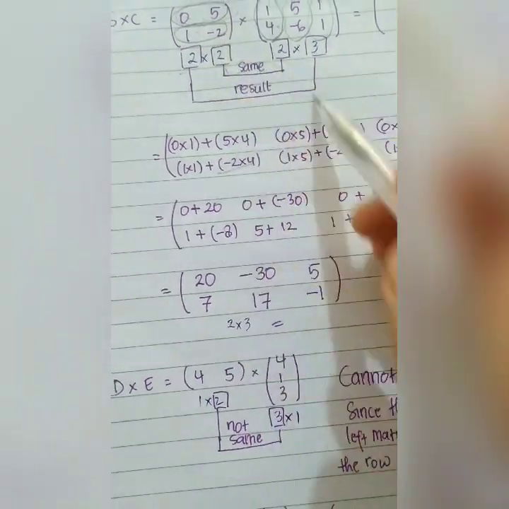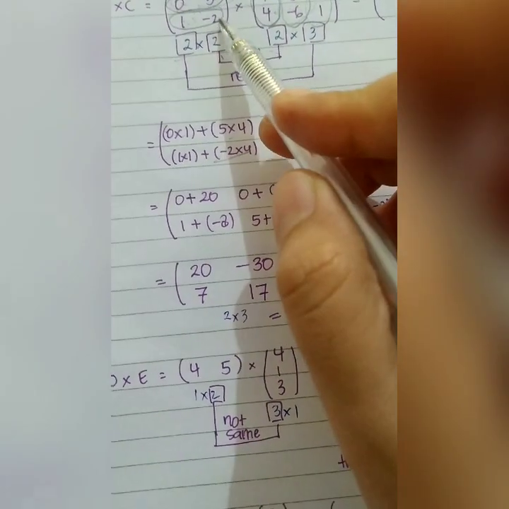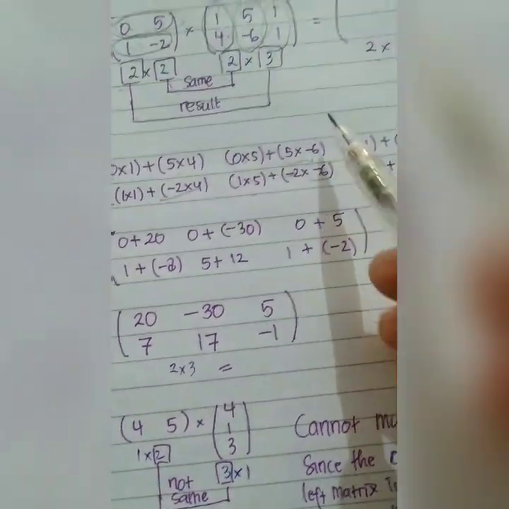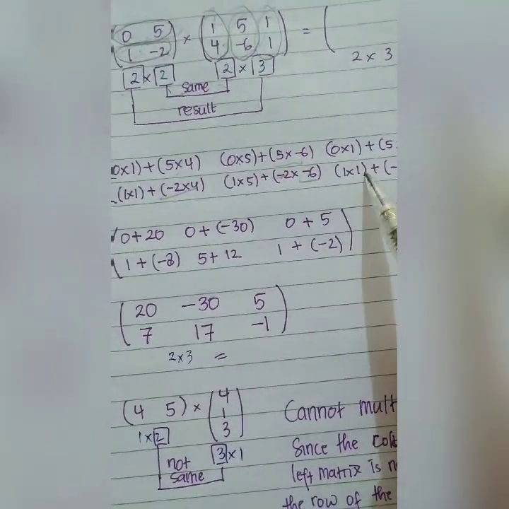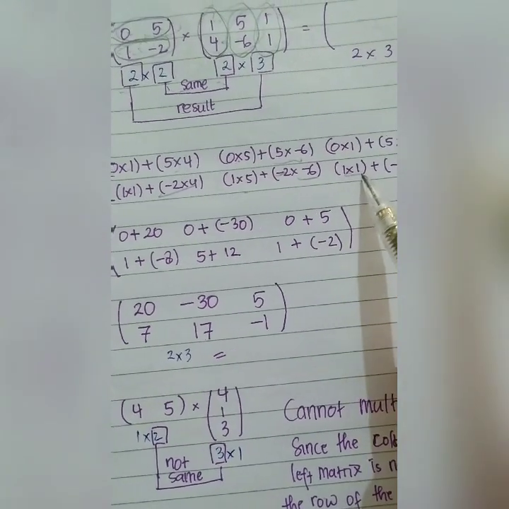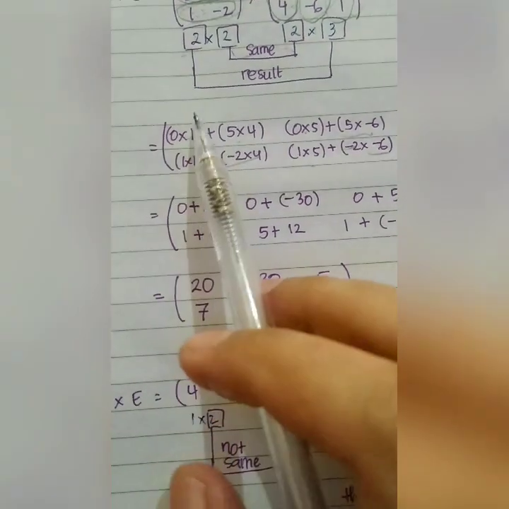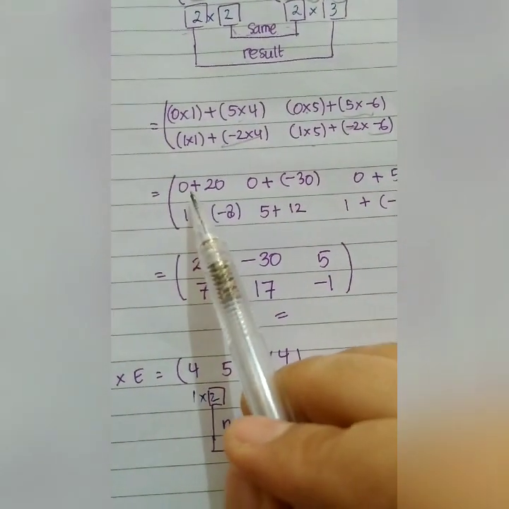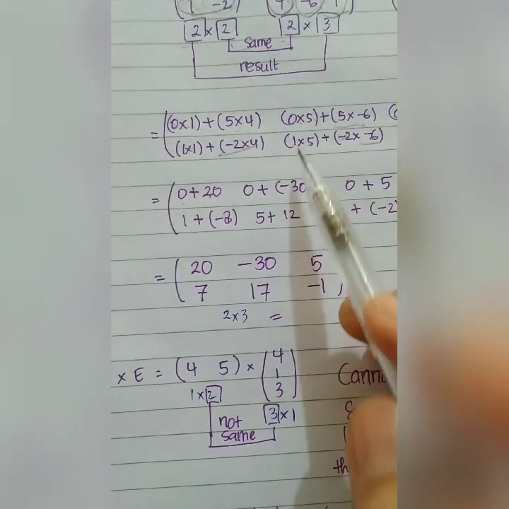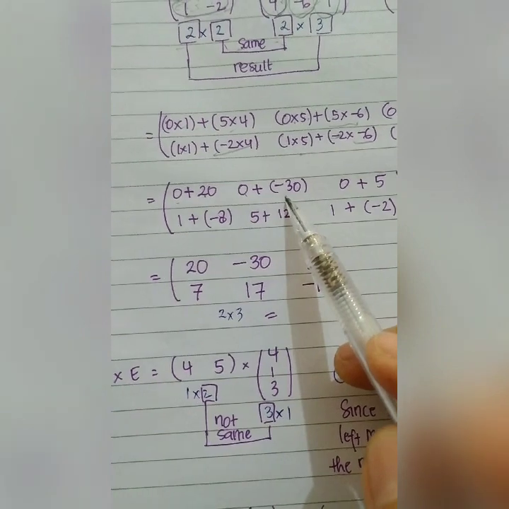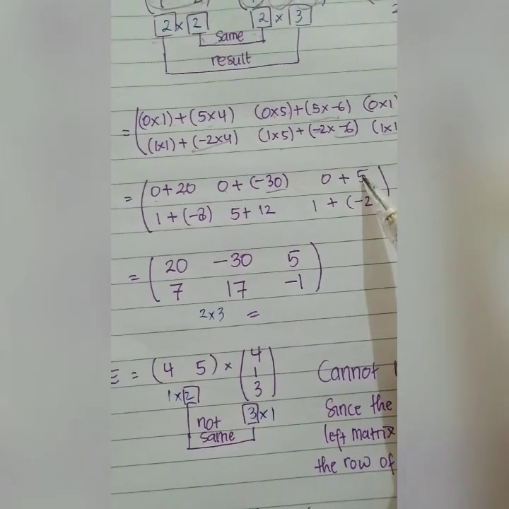Then the second column: 1 times 5, plus negative 2 times negative 6. Then the last column: 1 times 1, negative 2 times 1.